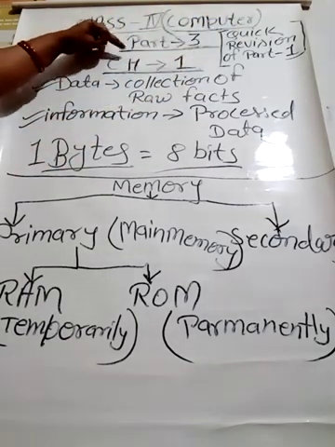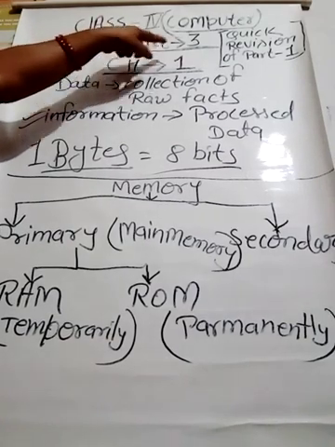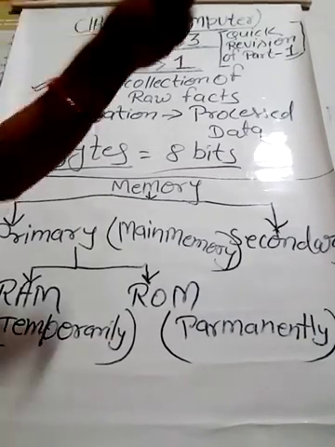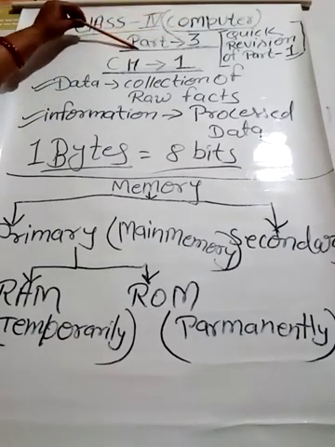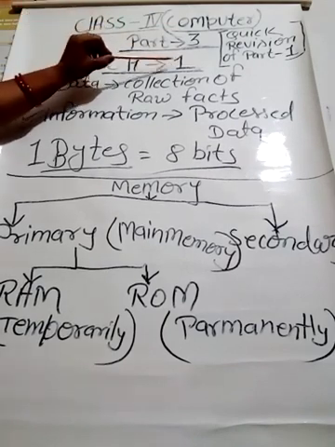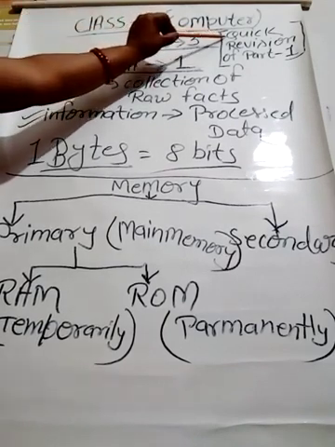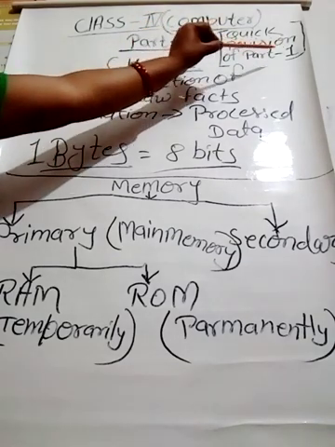It is our third video. I have written here part 3. Class 4, the subject is computer and it is part 3 from chapter number 1. Again, you can see I have written here it is a video for quick revision of part 1.